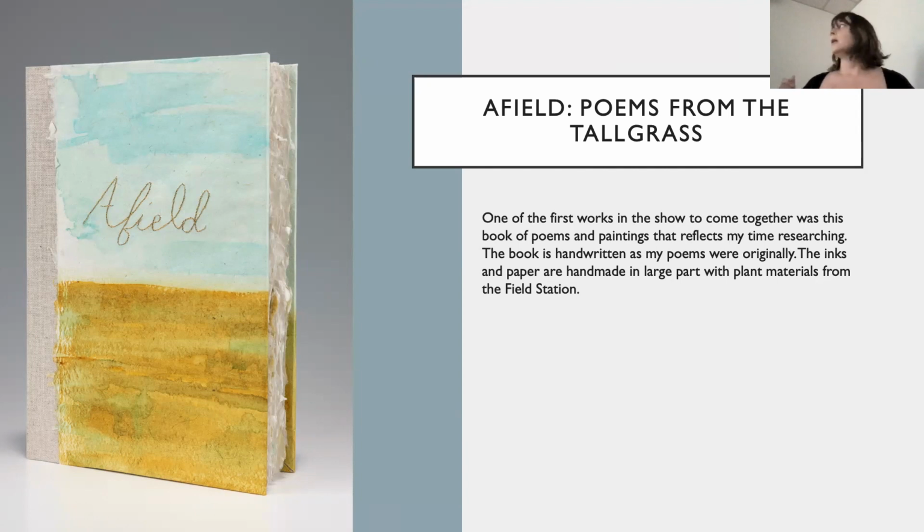And in large part, most of the inks are made from plants that were harvested in the field station, and the paper is partially prairie grass with some other fibers as well. And those I made myself too.